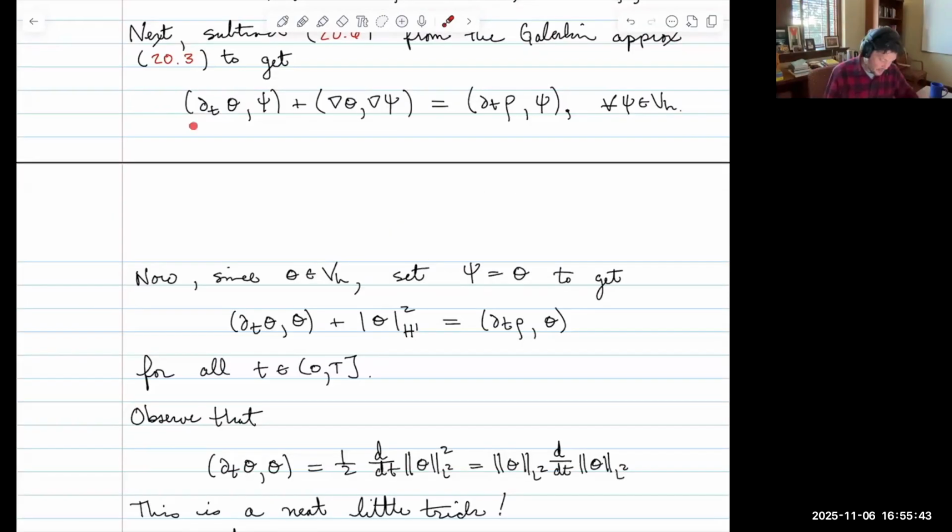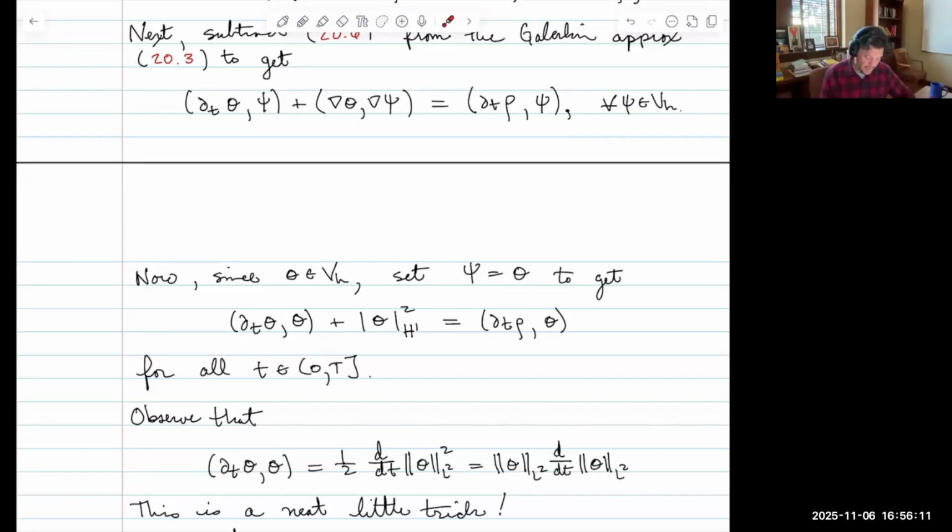What we've essentially done is formed an equation for this part of the error called theta, and the forcing term for that theta is this weird part of the error, the time derivative of rho. But the nice thing is this error equation holds for all test functions psi in VH.